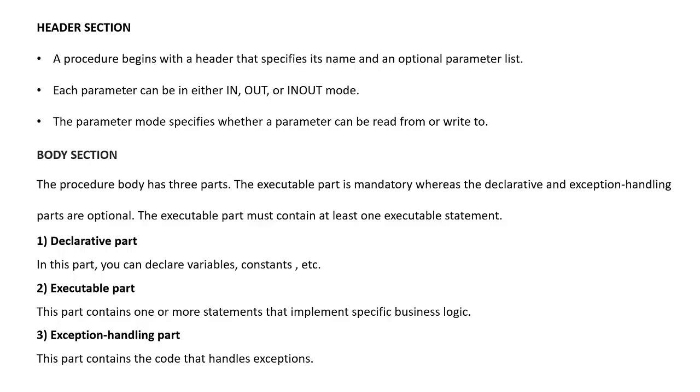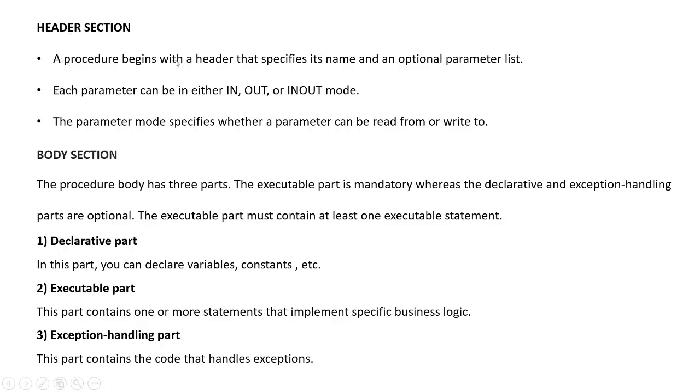From the block where the procedure has been called, you're going to send a value back to that particular block. If you declare a parameter in in-out mode, it performs both the actions of in and out. Alright, so these are the three ways in which parameters can be declared in procedures.